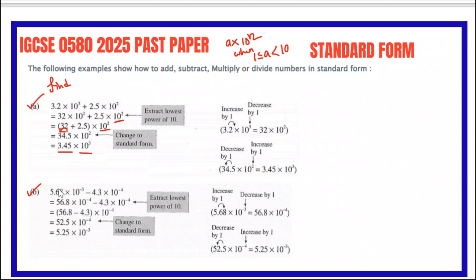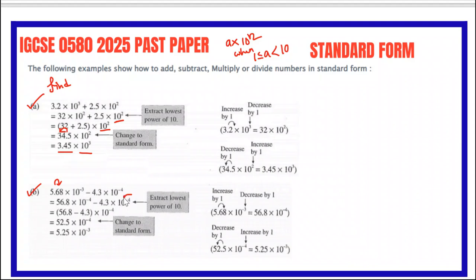For this, we have to shift this decimal 1 unit right. So we can write 56.8 times 10 to the power of negative 4. Minus 4.3 times 10 to the power of negative 4 we write as it is.